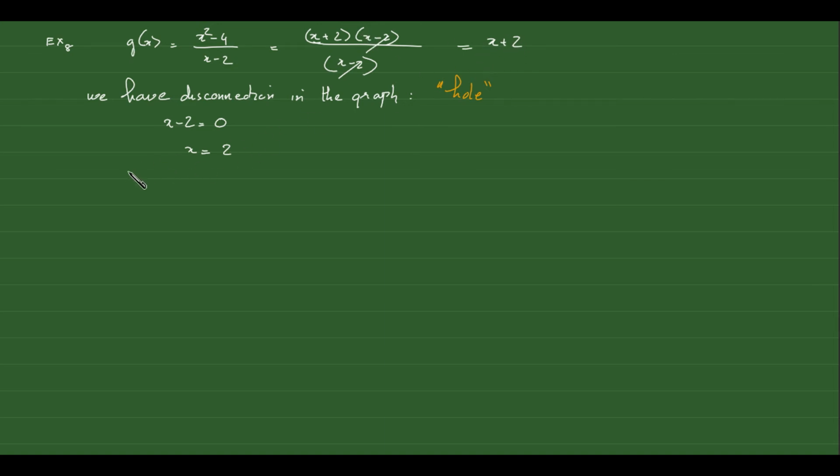So y equals 2 plus 2, plug 2 over here, that gives you 4. Then the coordinate of the hole will be 2, 4.